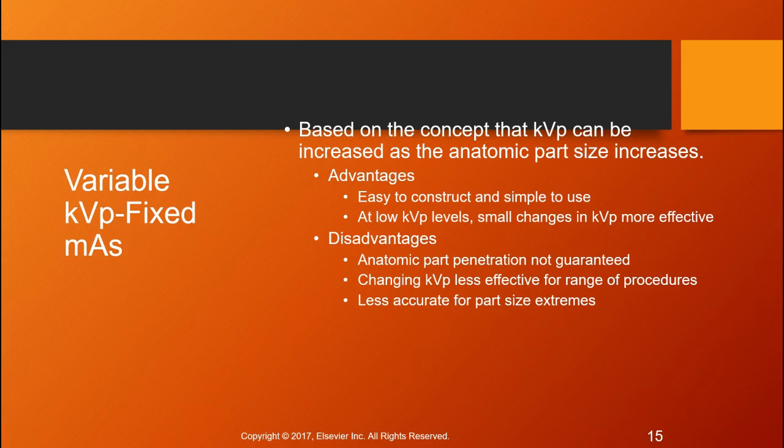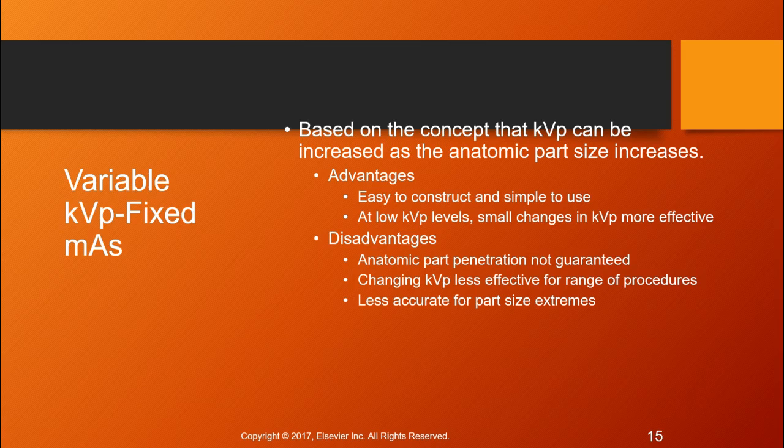Because you're varying your kVp and you're leaving your mass fixed. The disadvantage to this is your anatomical part penetration is not guaranteed if you don't measure correctly, okay? If you're just eyeballing your patient and guessing, chances are you're going to be doing repeats, okay? Changing kVp is less effective for a range of procedures versus changing mass, and it's less accurate for part size extremes.